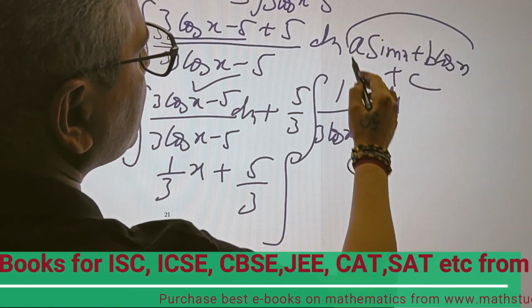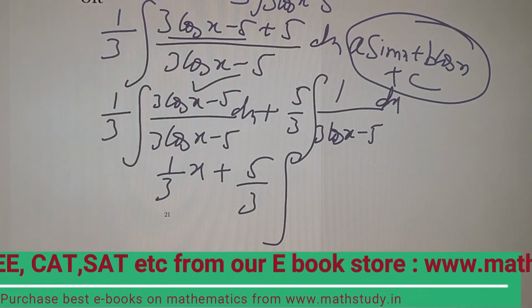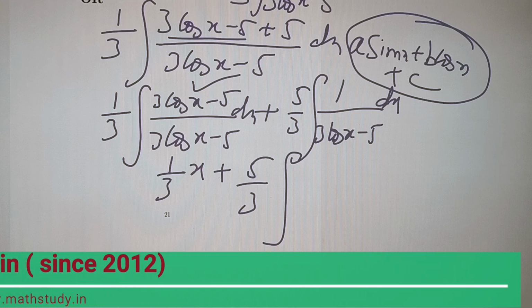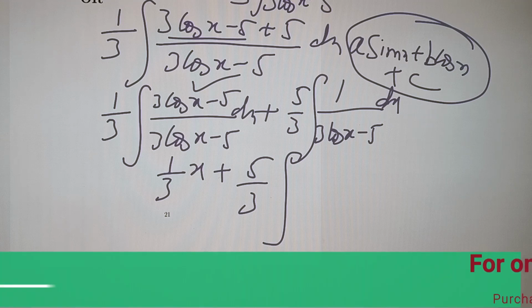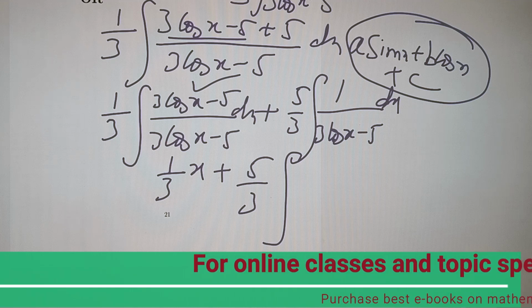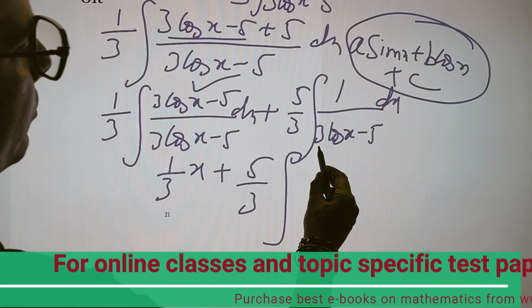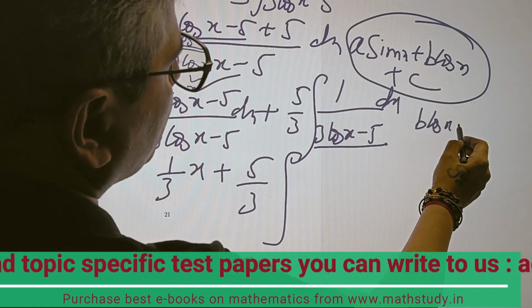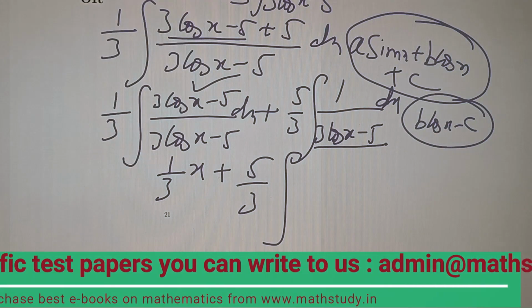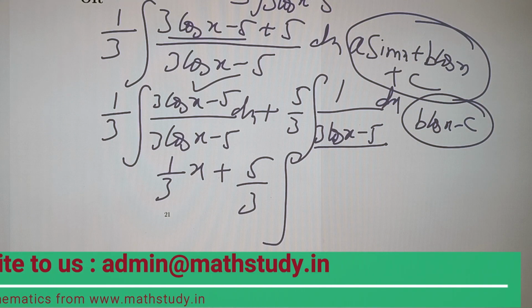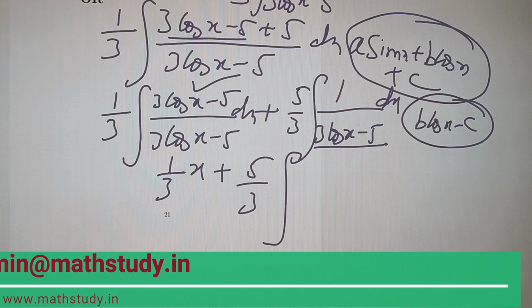In such a scenario, whether a is 0 or b is 0, and we have a function like a sin x plus c or b cos x plus c or a sin x minus c or b cos x minus c, here we are getting this form, which is b cos x minus c. So what we'll do here, we will simply convert this into a half angle formula in terms of tan theta.